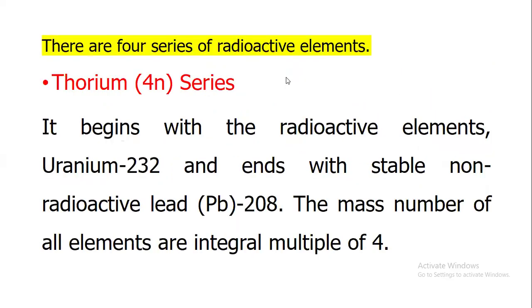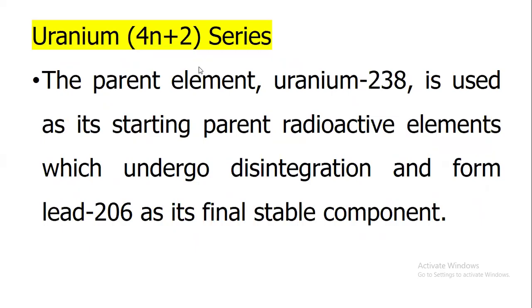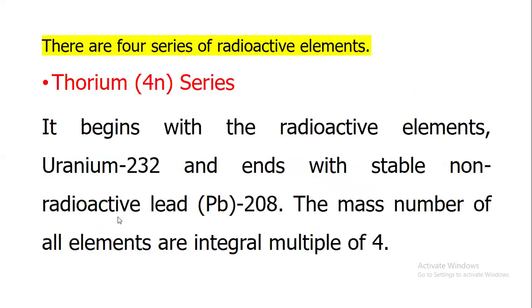There are four radioactive series. The thorium series starts with thorium-232 and ends with lead-208. The uranium 4n plus 2 series: uranium-238 is the starting parent radioactive element and it forms lead-206.